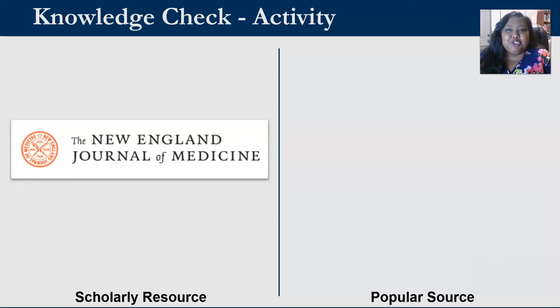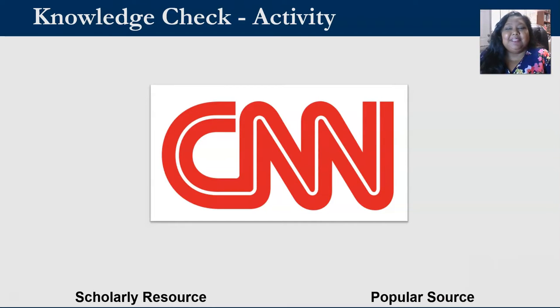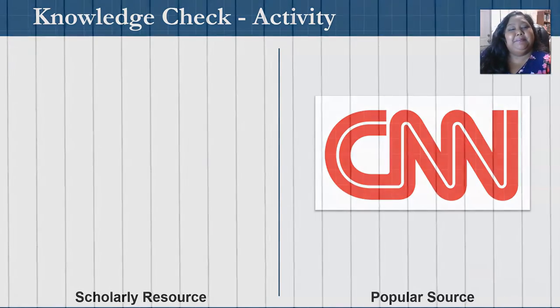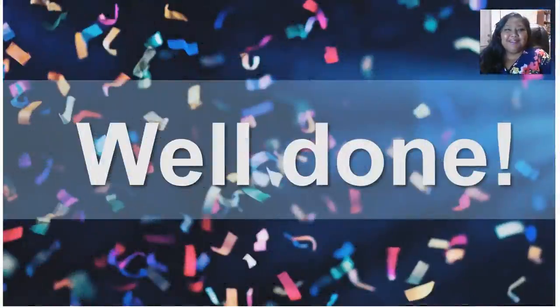The New England Journal of Medicine is authored by experts in their field. It's specific and in-depth research writing that you probably need a background in medicine to understand. Last one. The readily recognizable CNN News logo. Scholarly or popular? The news logo was a hint. Since this is a news source, it would be considered a popular source. Well done.